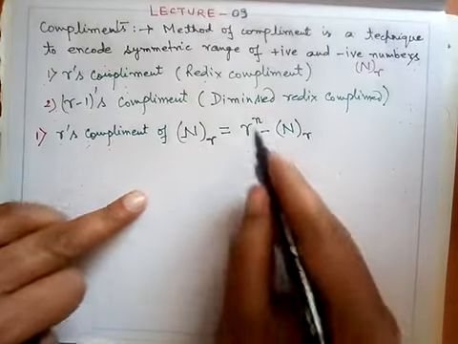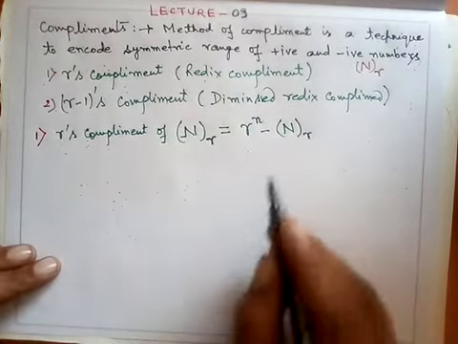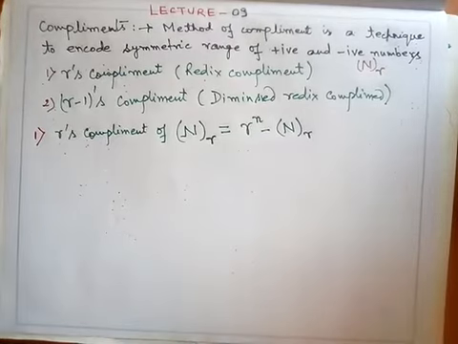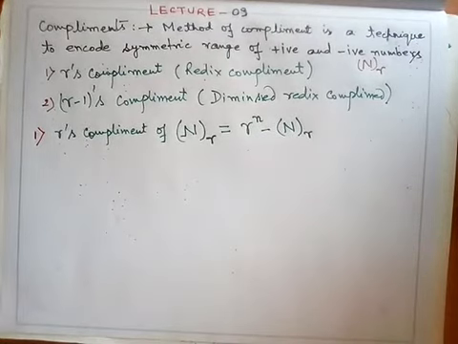R to the power n minus the number n with base r, where what is this small n?